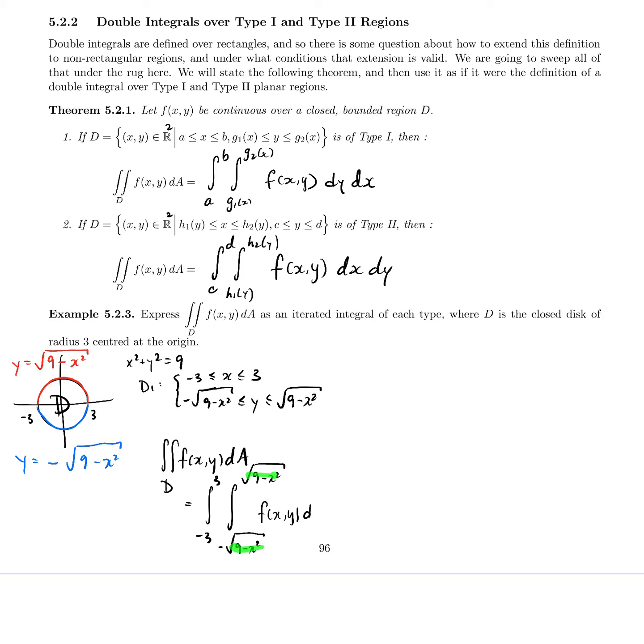These are functions y is equal to, so dy dx. There it is of type 1.